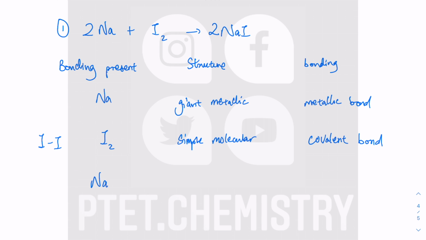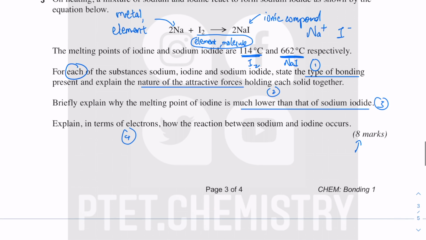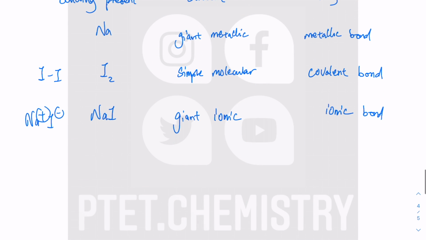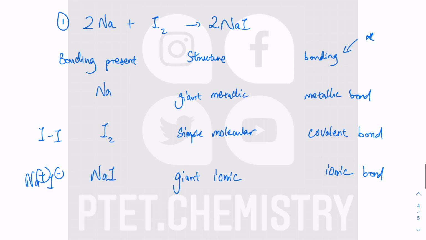Okay, NaI, you have Na+ and I−. So you have giant ionic structure and you have ionic bond. So this is actually what they want for each of the substances, and I've just listed them, so that one is done. The nature of the attractive forces holding each solid together. Alright, so that is part 1.